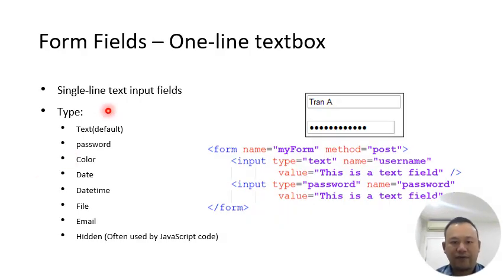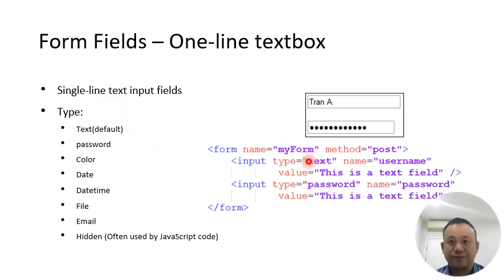Now we have form fields. One-line text box. A one-line text input field in HTML is created using the input tag with the type equal to text.